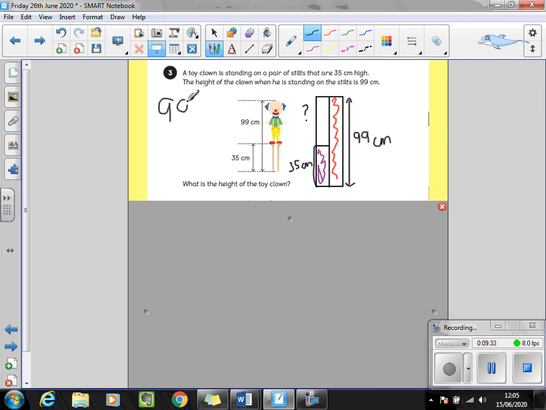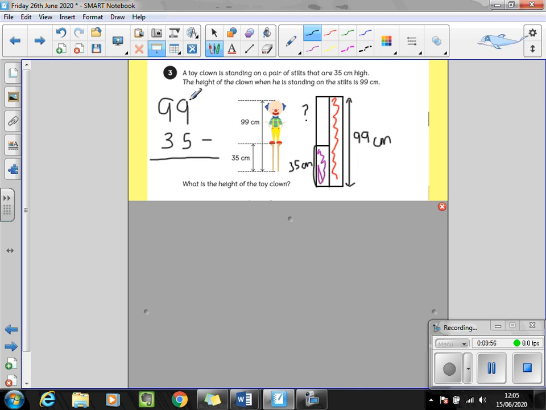So that's the biggest height he can reach. And we know that the height of the stilts is 35 centimetres. So we're going to subtract the height of the stilts away from the total height in order to help us find out how tall the clown is.